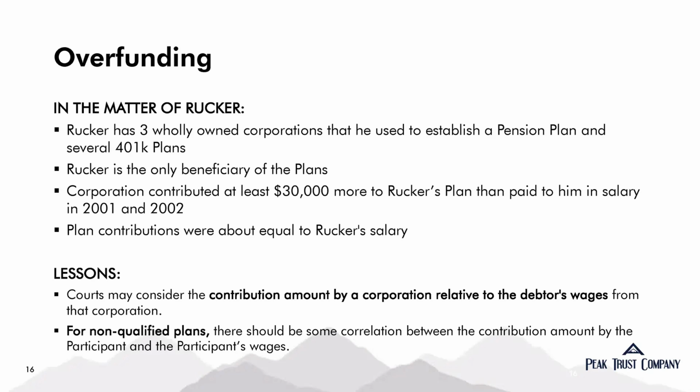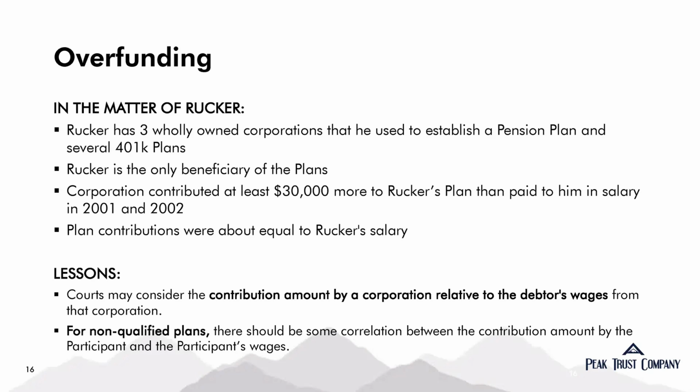In the matter of Rooker, Rooker had 3 wholly owned corporations that he used to establish a pension plan and several 401(k)s. And Rooker was the only beneficiary of these plans. The contributions to the plans by the corporations were substantial in relation to the salaries the corporation paid to Rooker, in some instances exceeding his salary.